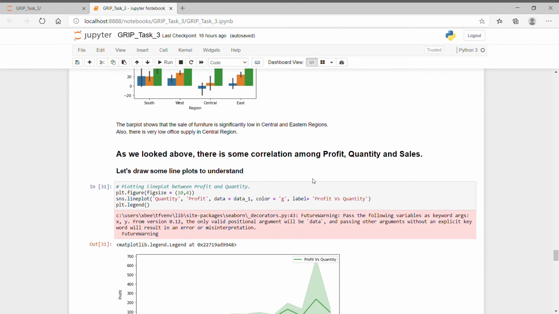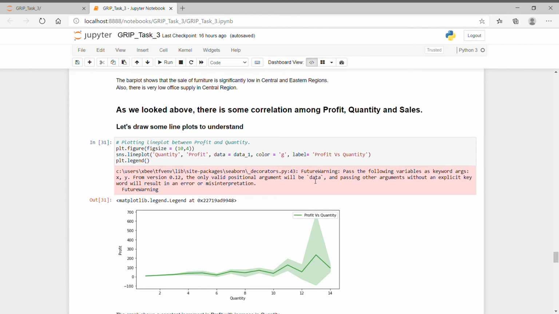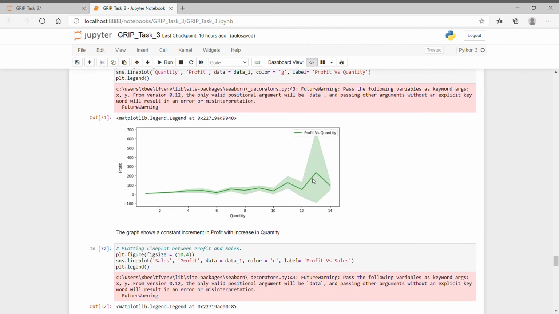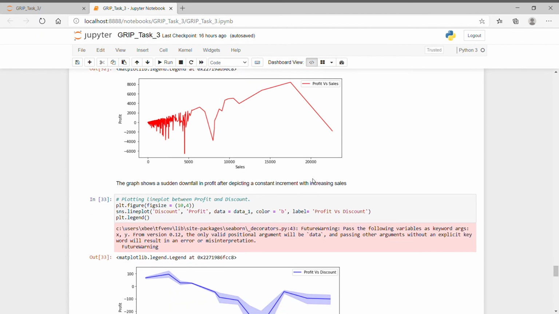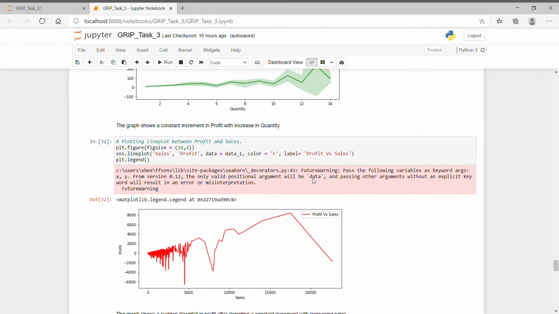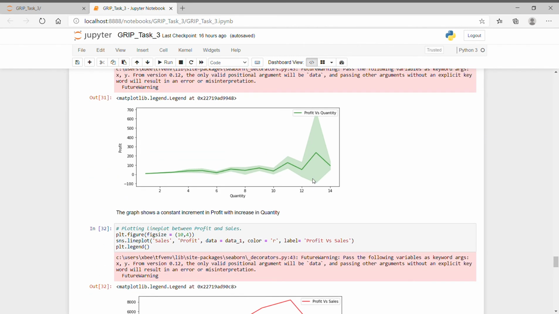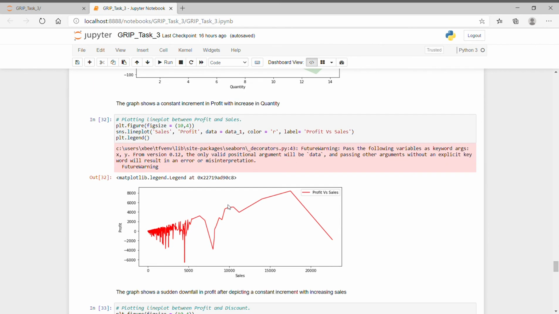As we can see, the correlations are high among profit, quantity, and sales. So let's depict the curves of profit versus quantity, profit versus sales, and profit versus discounts. From this curve we can see that profit is increasing, not constantly, as we increase the quantity.